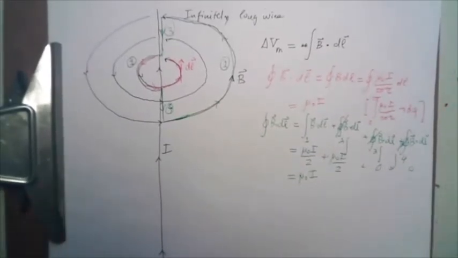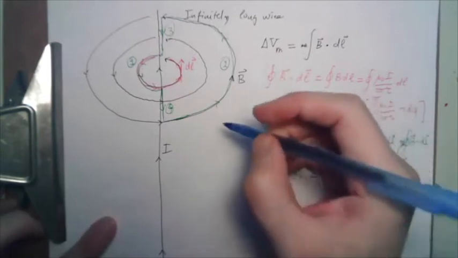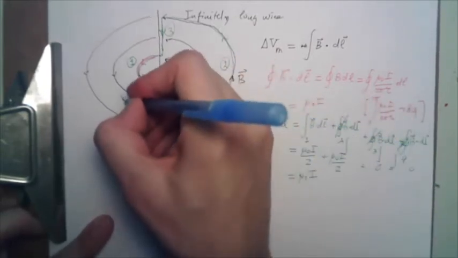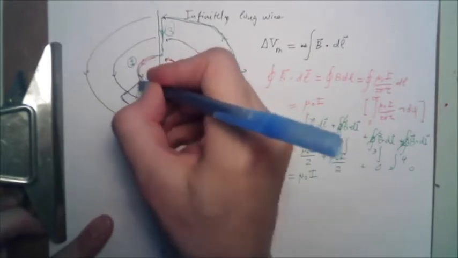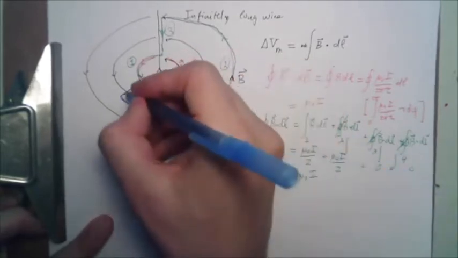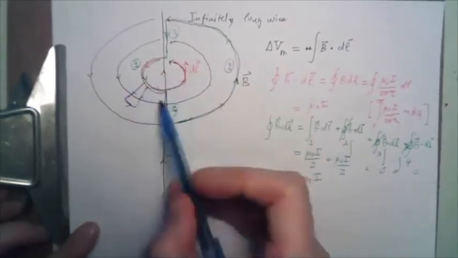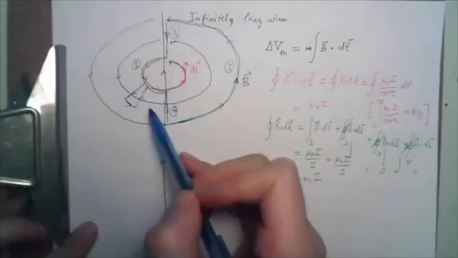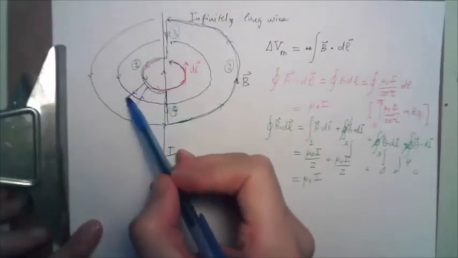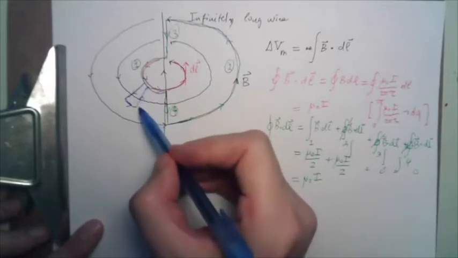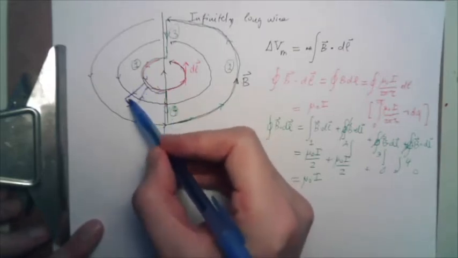Now we can make the path a little bit more interesting. We can add a little bit of a pizza slice here, so we make a tiny excursion on the blue path. The blue path follows the green path. These two paths are again perpendicular to the magnetic field, so the dot product will give you 0 here.